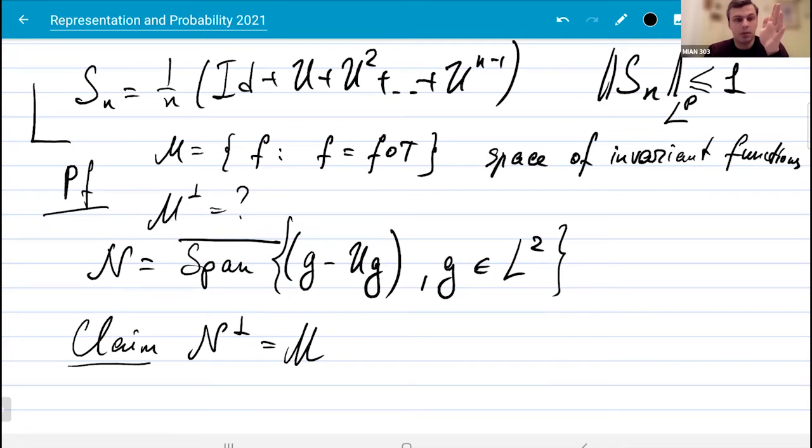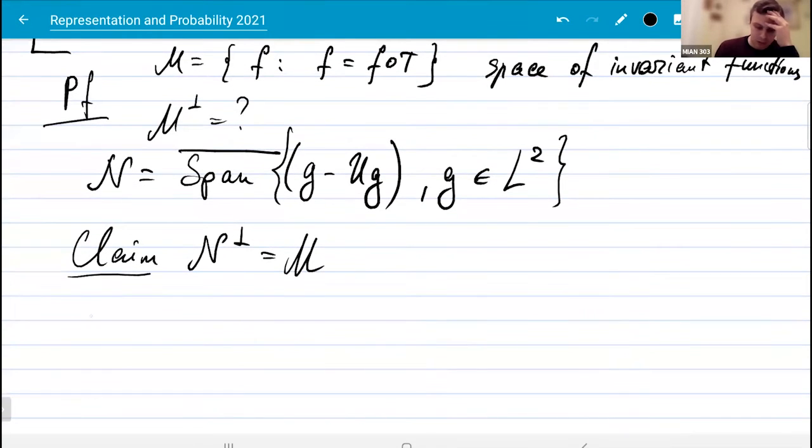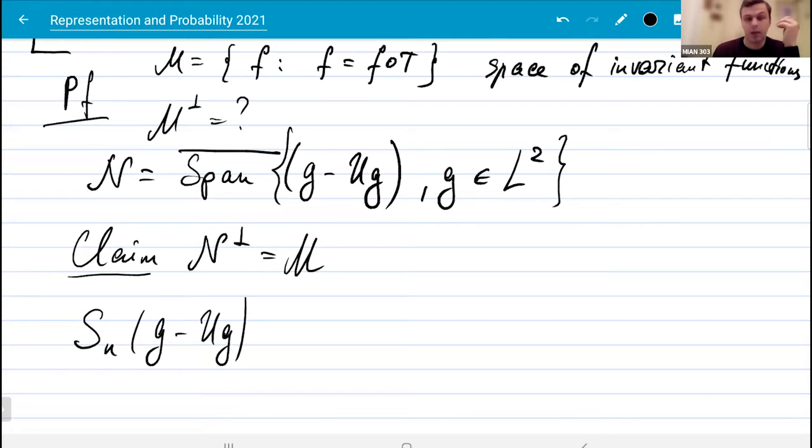Let us try to apply our averaging process to the element of N, by the way. It is clear that you have many cancellations here. So you take 1 over n. This is not the proof of the claim. It is just the explanation. Why do we have this subspace?